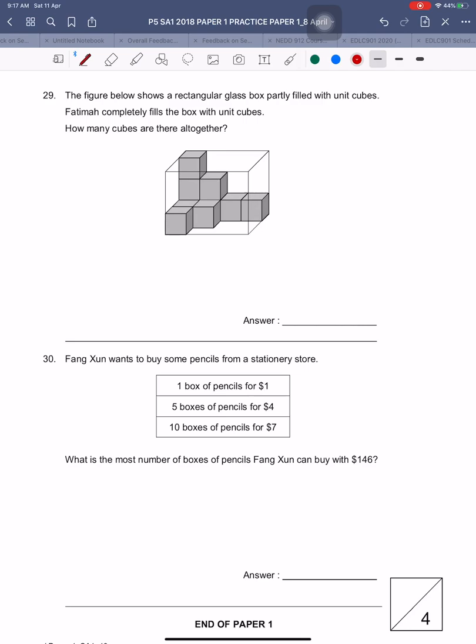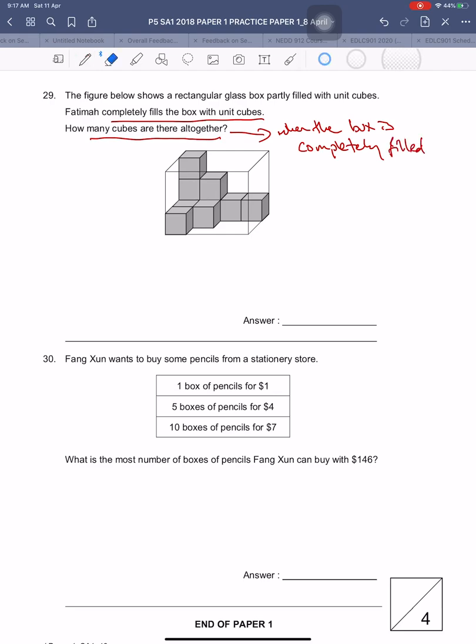Fatima completely filled the box with unit cubes. Completely means the whole glass box is filled with the cubes. The question asks, how many cubes are there altogether? Altogether means when the glass box is completely filled.